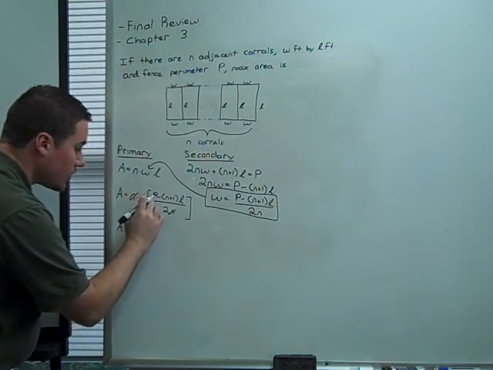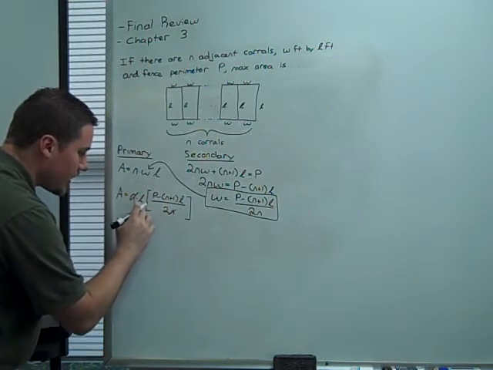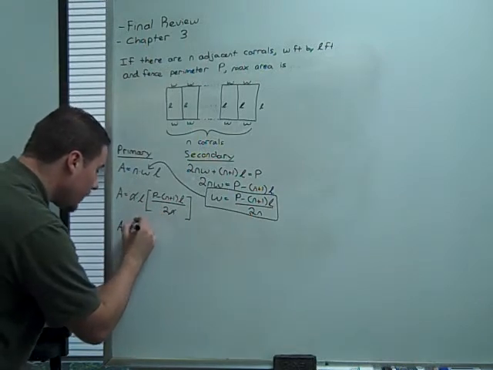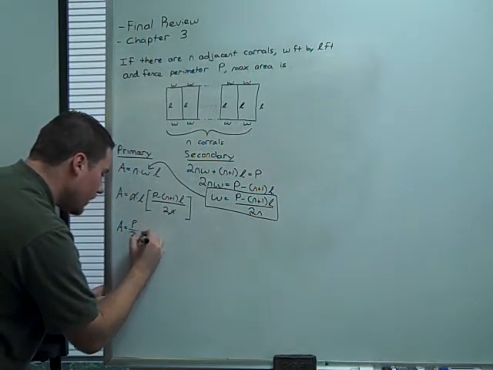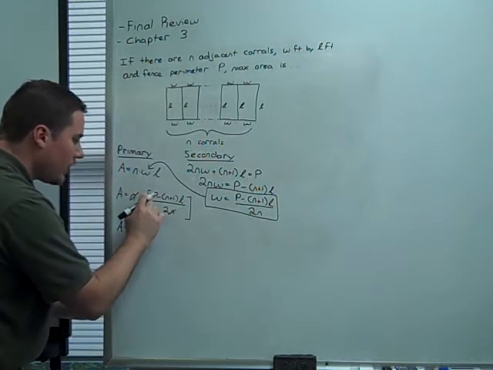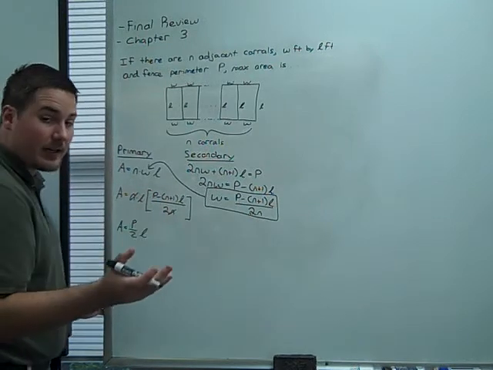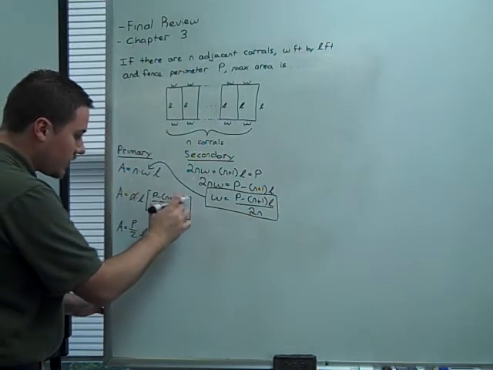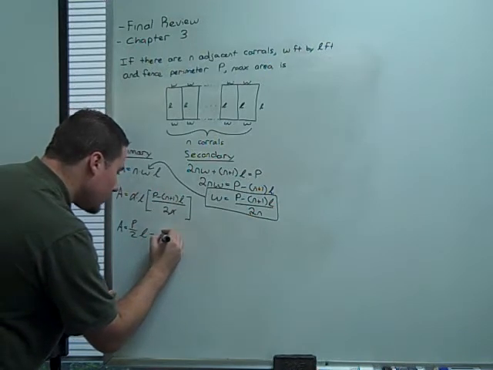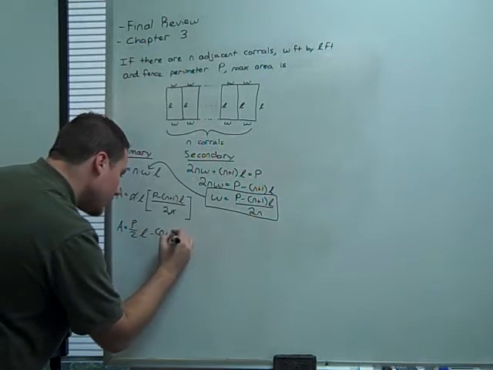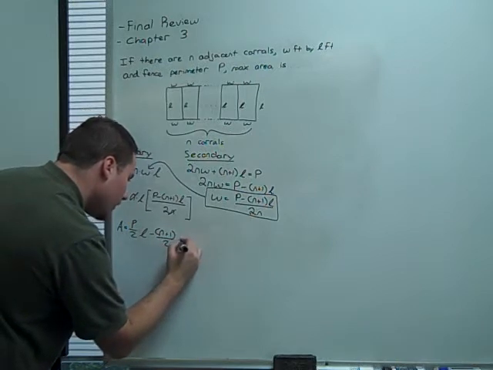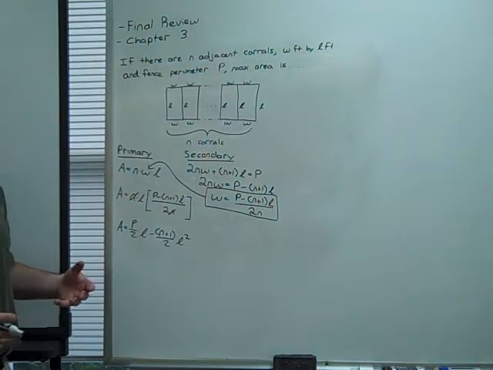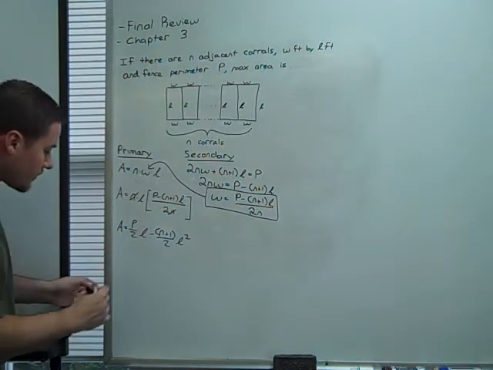Area is equal to P over 2 times L. P and 2 are constants, so I'm going to write them together. P over 2, and then L. Then (n plus 1), again I said n is a constant, over 2 times L. So minus (n plus 1) over 2 L squared. That's a quadratic. It's a quadratic that opens downwards.